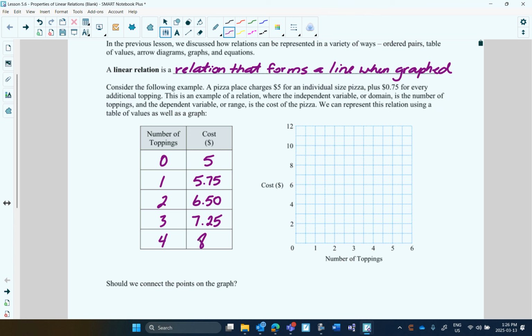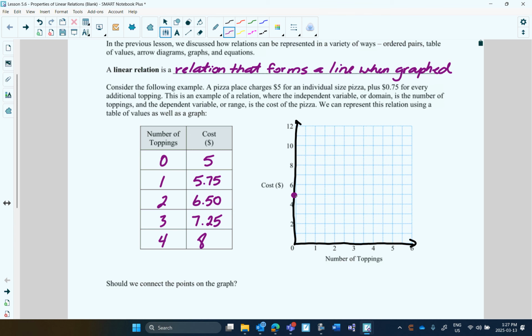Okay, we can graph it. So if there's 0 toppings, well, let's see. The scale for the vertical is every grid line is $1. So that would be 5. For one topping, it would be $5.75.